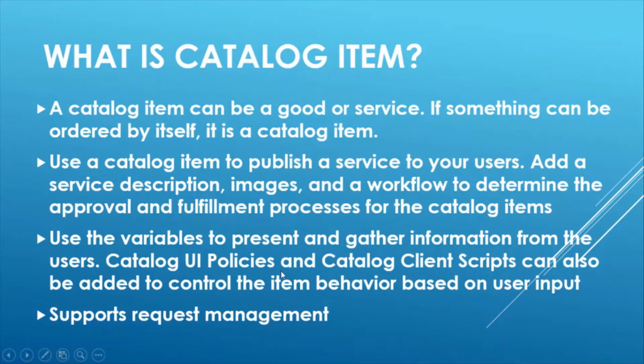The catalog UI policies and catalog client scripts can also be added to control the item behavior based on the user input. Any organization uses the service catalog and catalog items to support request management. So request management can be supported by using catalog items in any organization.